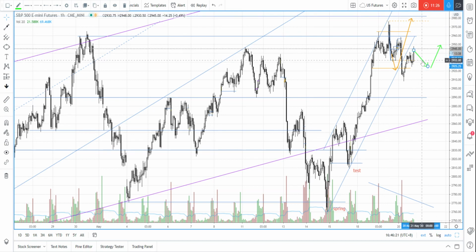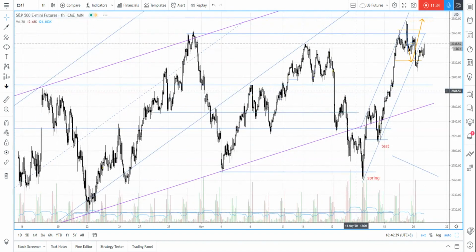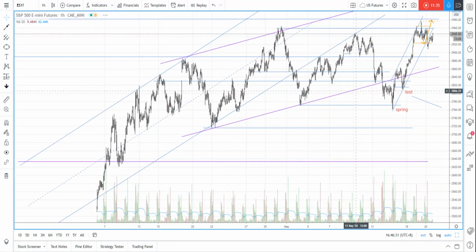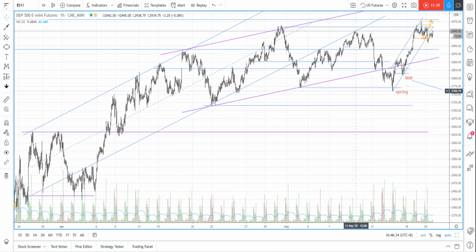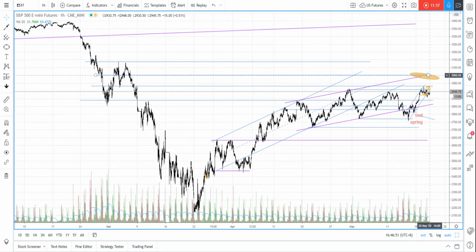Anyway, this is a situation where I anticipate more upside, because so far I think it's still not too bad, but if you compare it to Nasdaq, it's definitely a laggard. Nasdaq is the strongest, the leadership at the moment, and if Nasdaq were to test the all-time high, then I think it wouldn't be too far away for S&P 500 to test at least 3050, the overbought of this up channel.